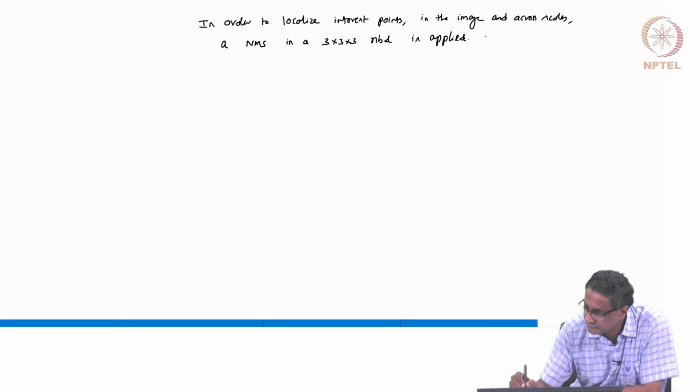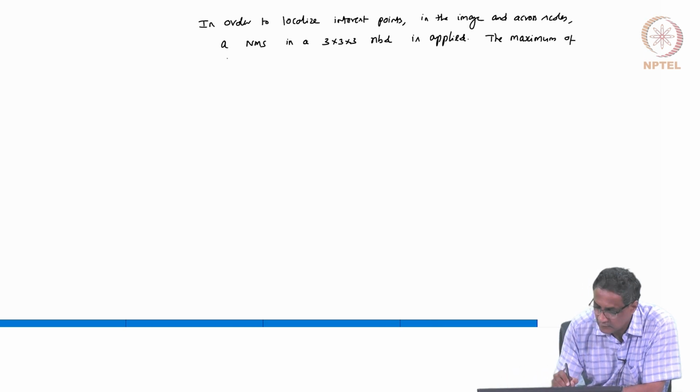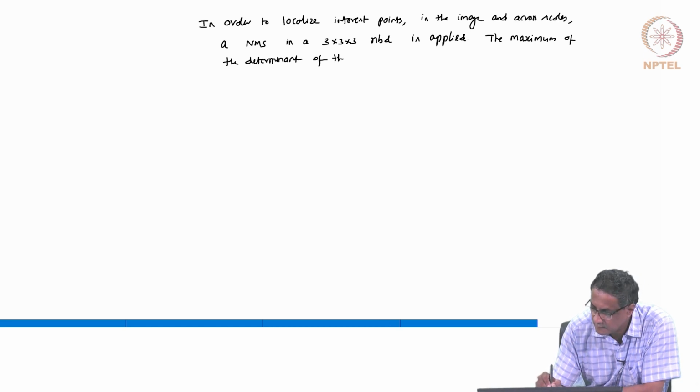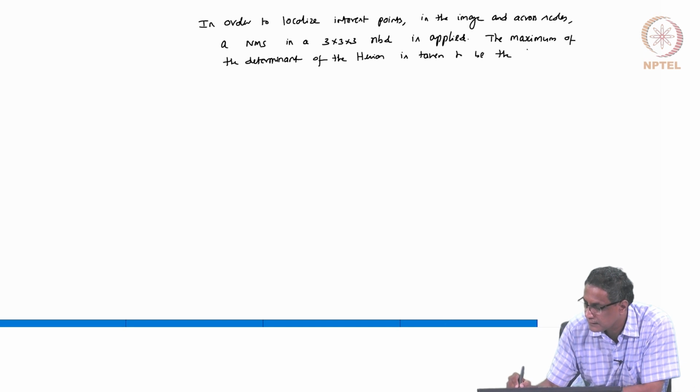The maximum of the determinant of the Hessian is taken to be this interest point, or taken to be the key point.